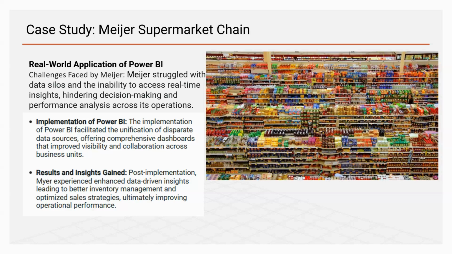A bakery department inside Mayer used Power BI to compare its sales with regional performance. They analyzed where Mayer was behind the regional trends, focused on the problem, and created a solution with Power BI.